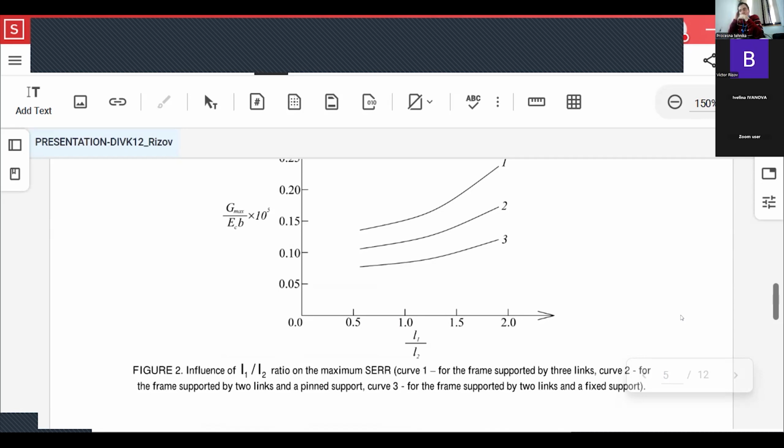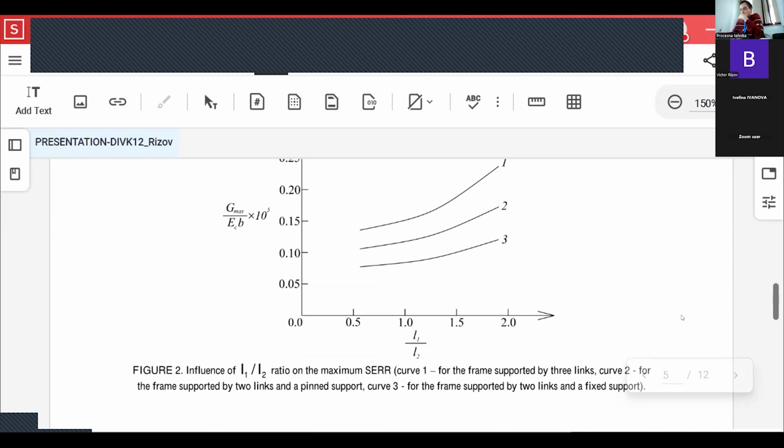Concerning the influence of the supporting conditions, which actually is the main goal of the current study, one can see in figure number 2 that the maximum strain energy release rate reduces as the supporting conditions change consecutively from this in figure 1a via this depicted in figure 1b to that in figure 1c.